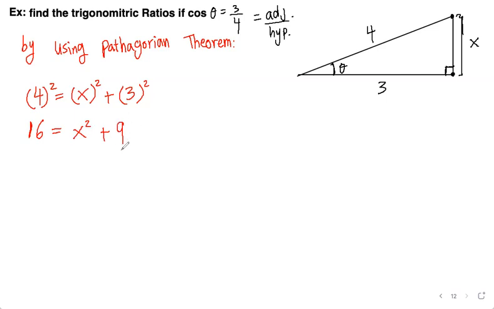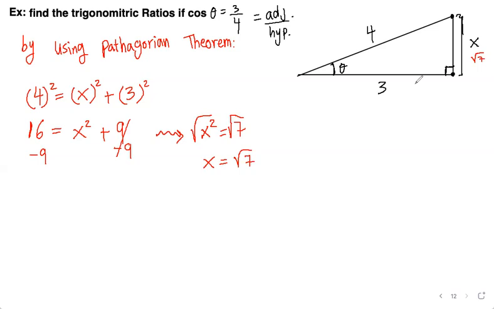Now we subtract 9 from both sides. 16 minus 9 is 7. Correct. To find x, I have to take the square root of both sides. So x is the square root of 7. So this length actually is the square root of 7.